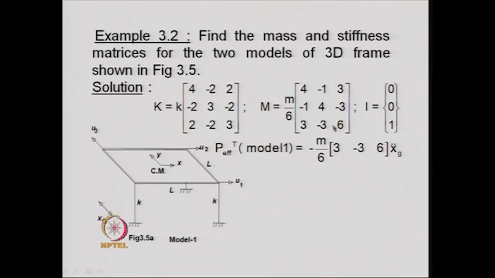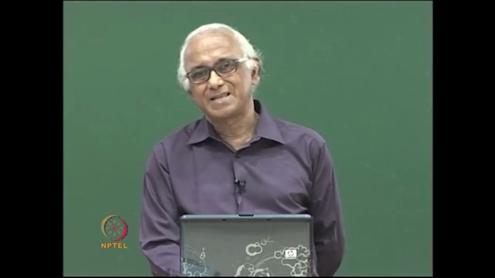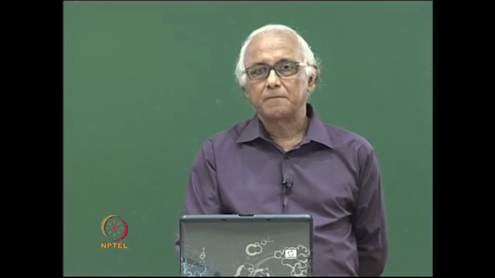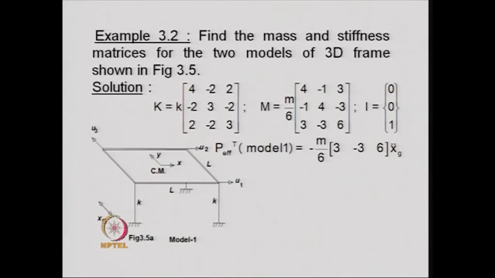Interestingly, the mass matrix is also a coupled one. Generally, we think that if it is a lumped mass system, it will have a diagonal mass matrix, that is, only at the diagonals you will have the masses, and all off-diagonal terms would be 0. That is the kind of notion that we have for all lumped mass systems.